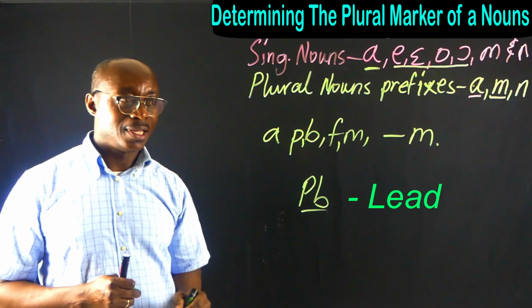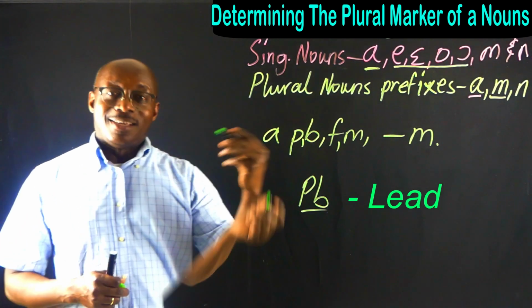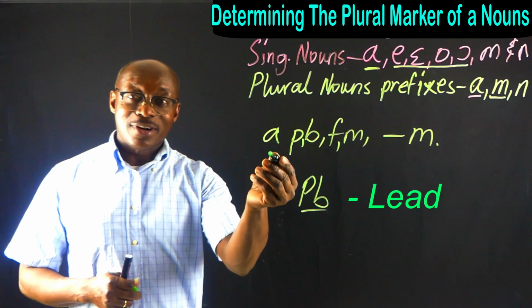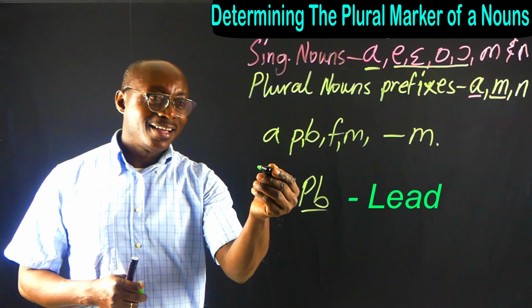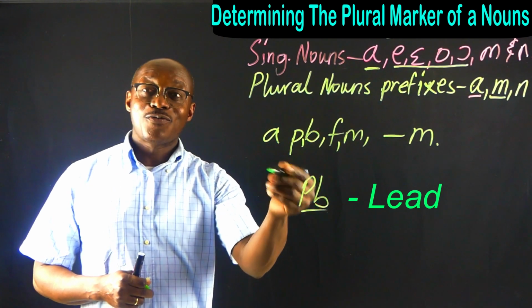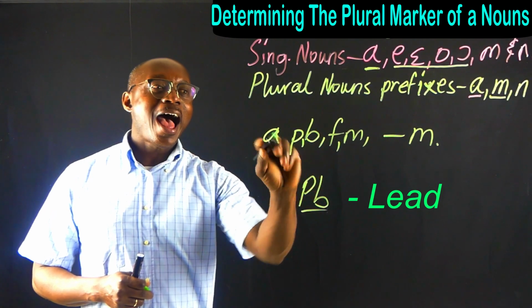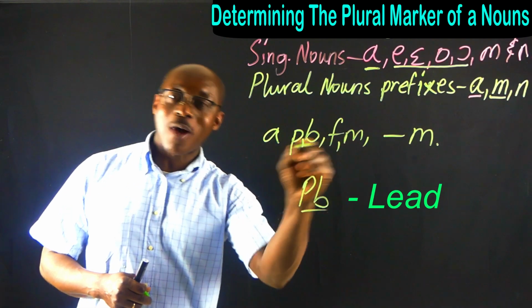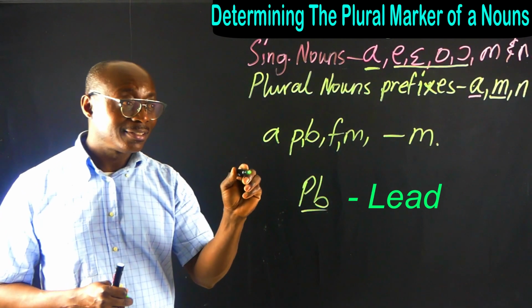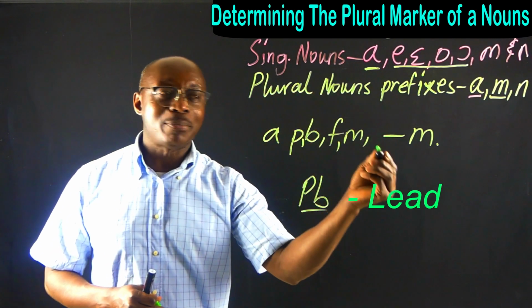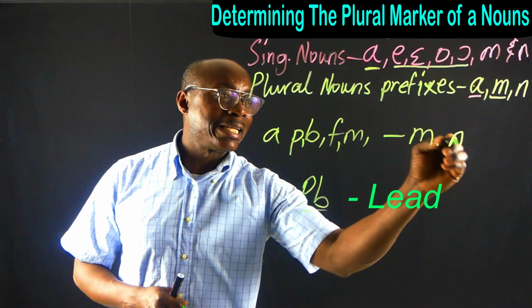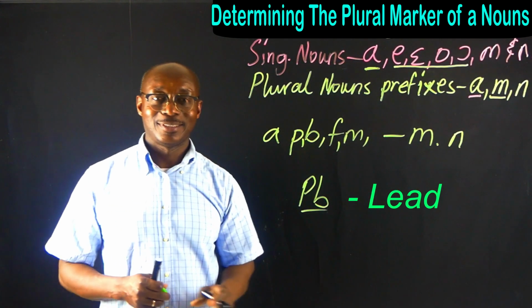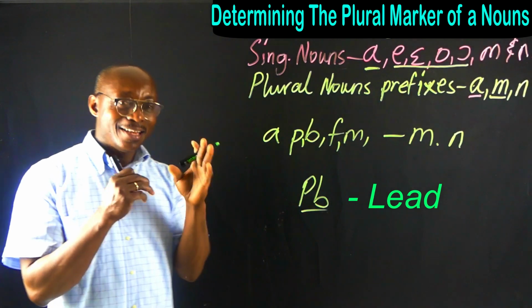Prefix. And then, if a singular noun has the prefix a, however, followed by other consonants, other than these ones, then it will take the prefix n. So take note of this. Let me repeat it again.